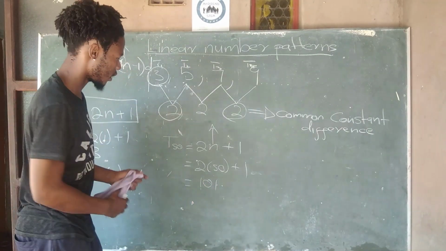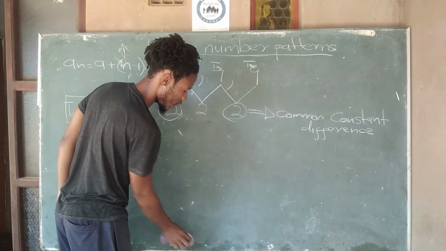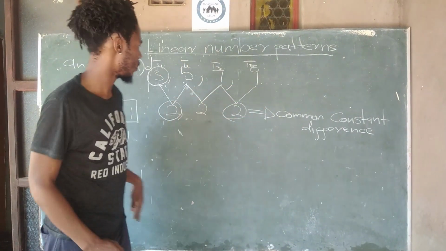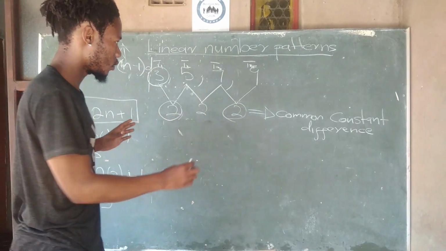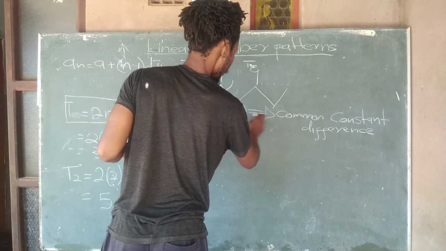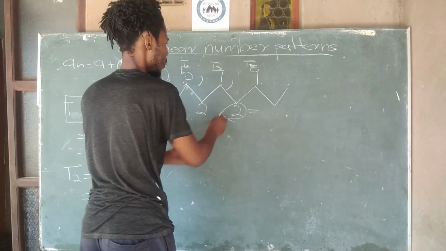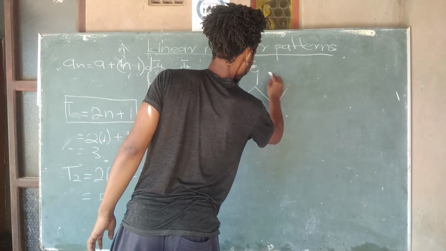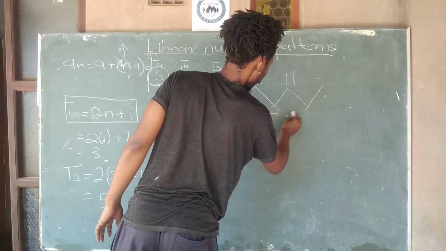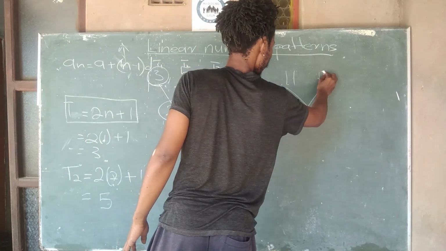In this case, they want you to find the next 2 terms of the sequence. You can find the next 2 terms by just saying 9 plus 2, then it's 11, and then you also add 2. 11 plus 2 is 13.